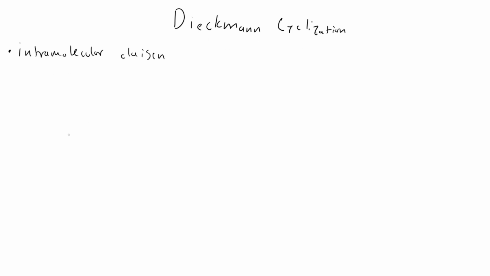is an intramolecular Claisen. So don't forget our rule where we need to have about 5 atoms apart between our nucleophile and our electrophilic spots if they're on the same molecule. And consequently, we're always going to form 5 and 6 membered rings usually.